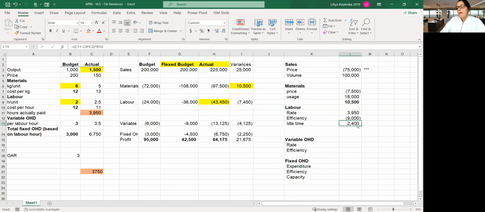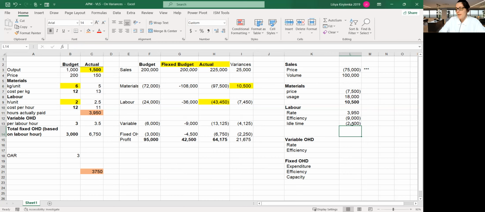And again, as we have idle time, the variance is going to be adverse. Well, actually, idle time variance is always adverse because we are supposed to pay people not less than the time that they've spent, so idle time variance is always going to be negative.